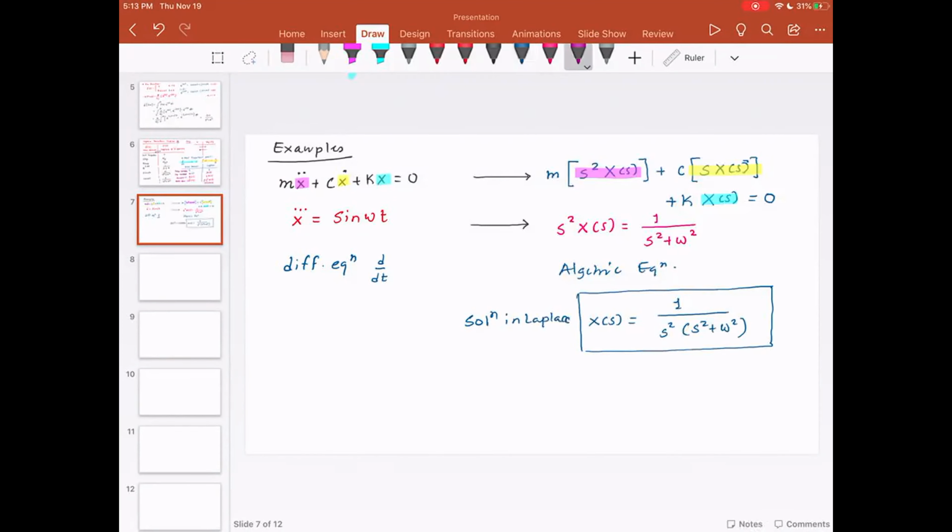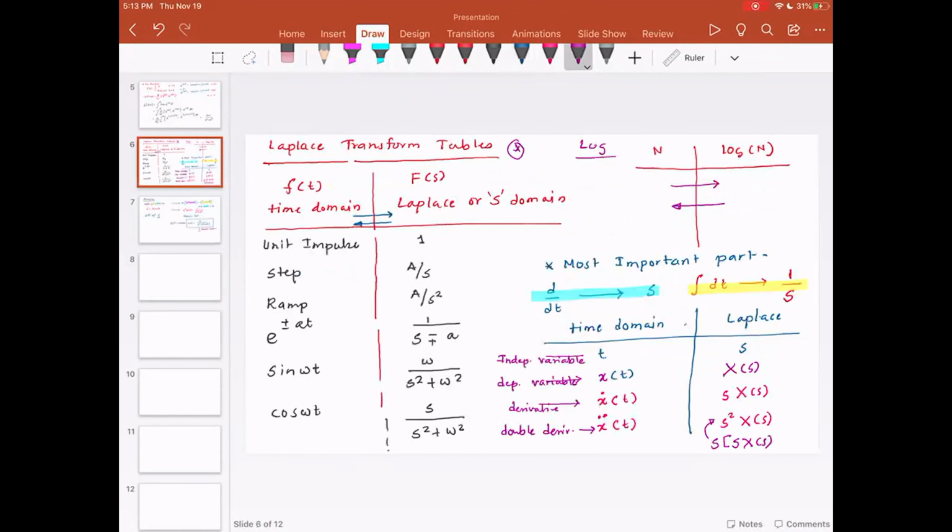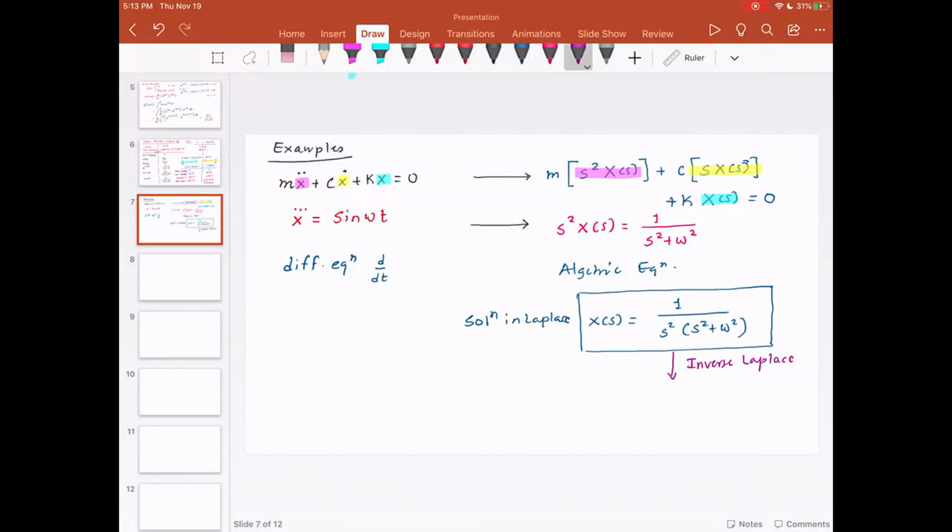Now what I'm going to do is I'm going to use the inverse Laplace transform. Omega is on top. Yeah, there is an omega on top, right? That's correct. So here it becomes omega.